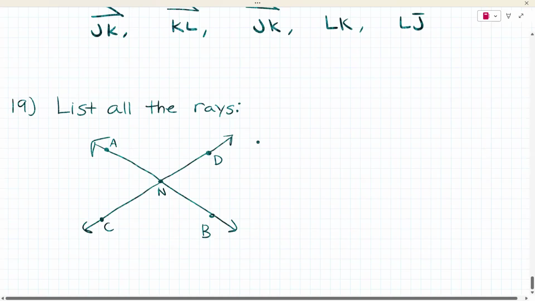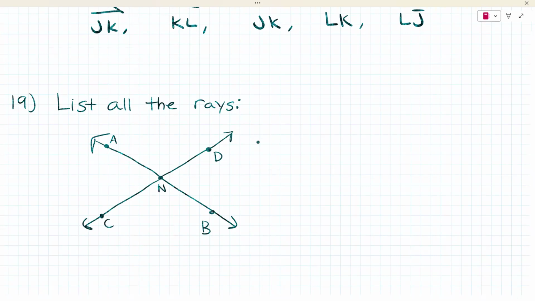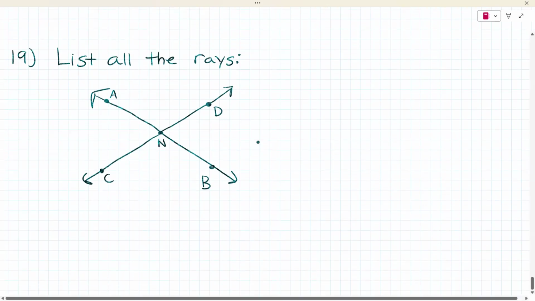Let's do this example. It says list all the rays. You have two lines that intersect, and then point N is where those two lines intersect. We have to come up with rays. One ray could be expressed as ray ND.